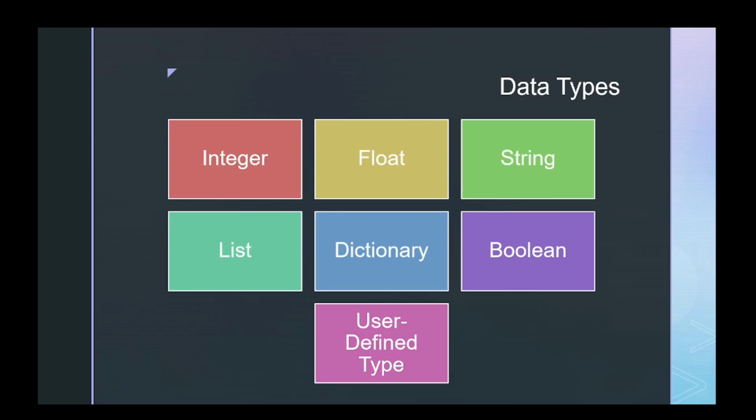We have gone through so many different data types. Here's just a snippet of a list. We've gone through integers and floats and strings, lists and dictionaries and booleans. But what if I wanted to create my own data type? That's essentially what this object is. We are creating a data type within our programming language.